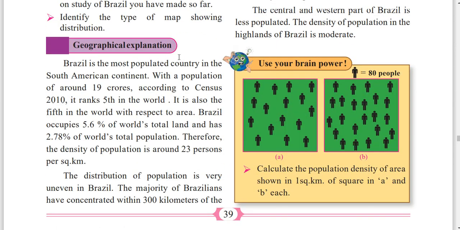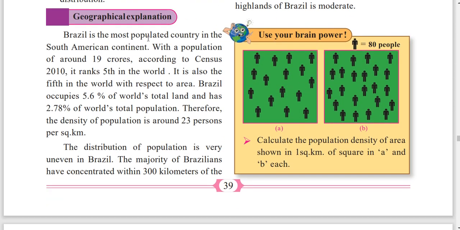Geographical explanation. Brazil is the most populated country in the South American continent. With a population of around 19 crores according to Census 2010, it ranks 5th in the world. It is also 5th in the world with respect to area. Brazil occupies 5.6% of the world's total land and has 2.78% of the world's total population.